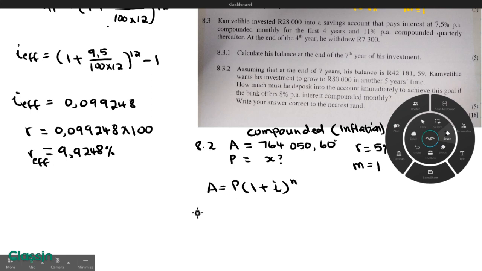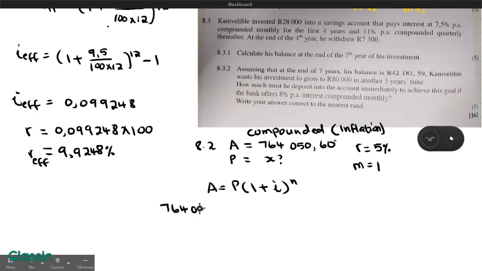Now from there, it means that we have 764,050.60 equals the original price of the house, which is P, times (1 plus 5 over 100 times 1) to the power of 5 years multiplied by 1.